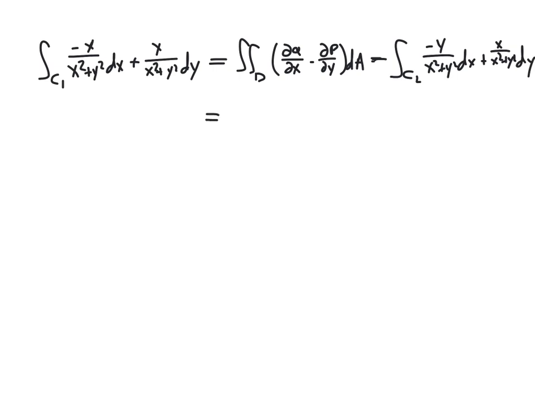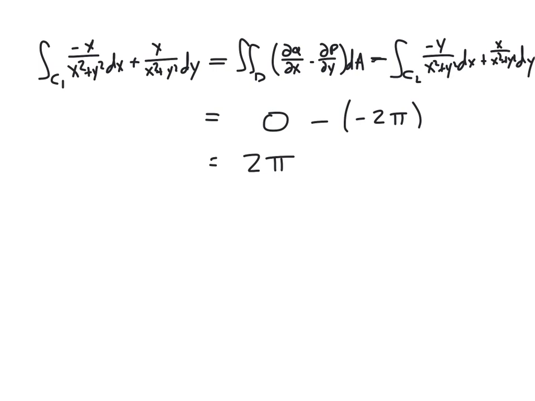And we've computed both of these integrals on the right-hand side. We saw this first integral was equal to 0. We saw this second integral was negative 2 pi. And so we have 0 minus negative 2 pi, which is positive 2 pi. And this is the integral that we wanted.